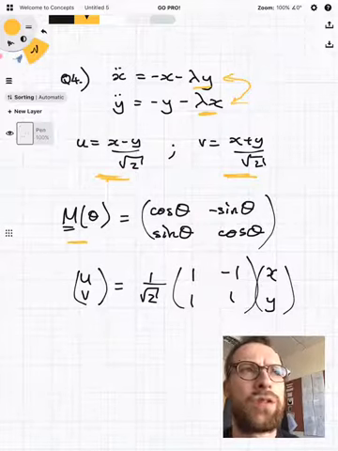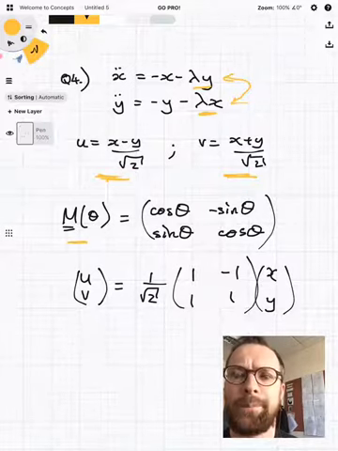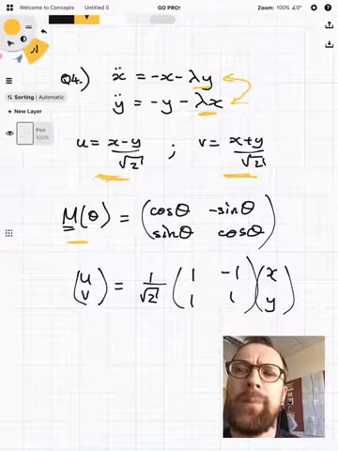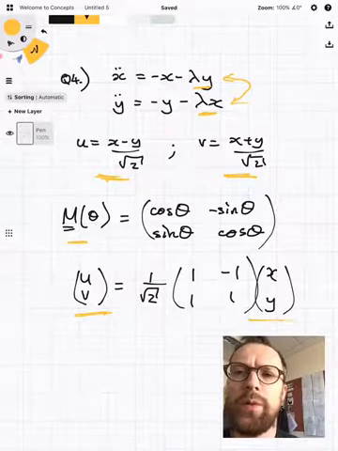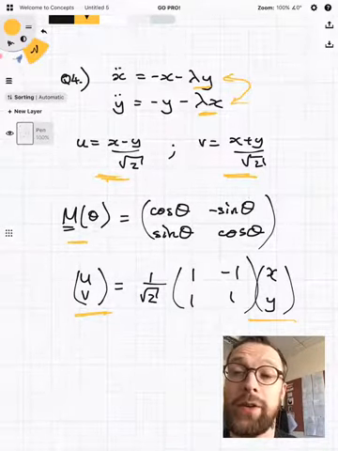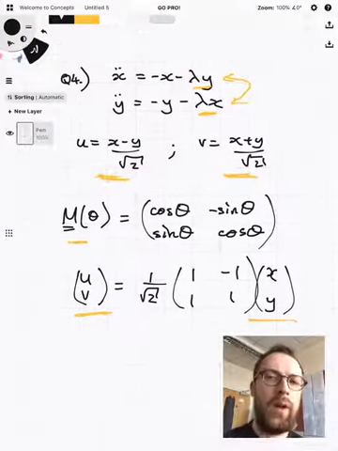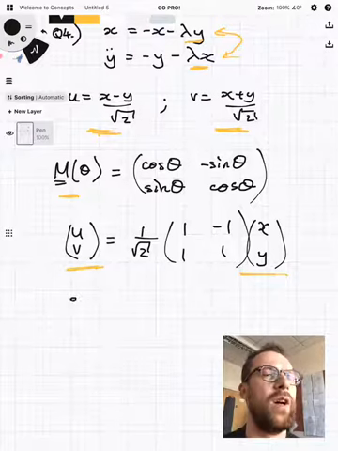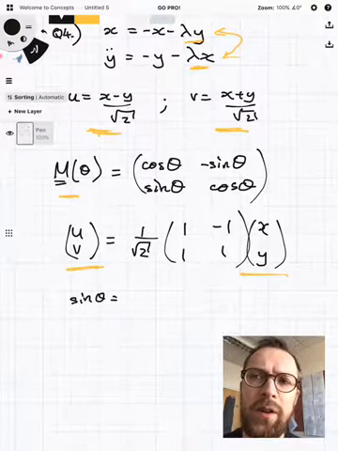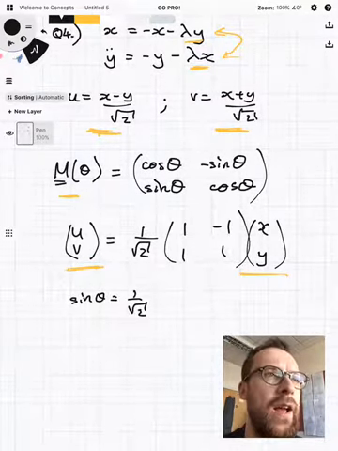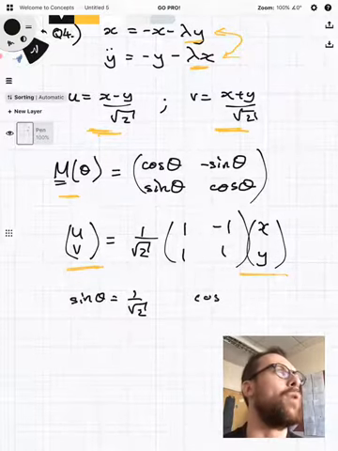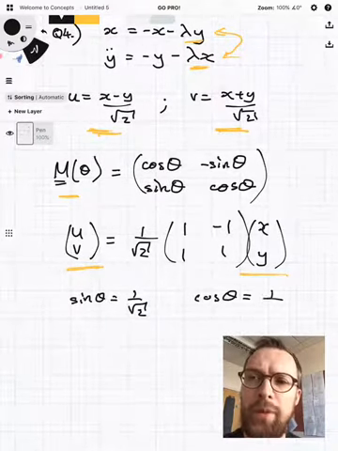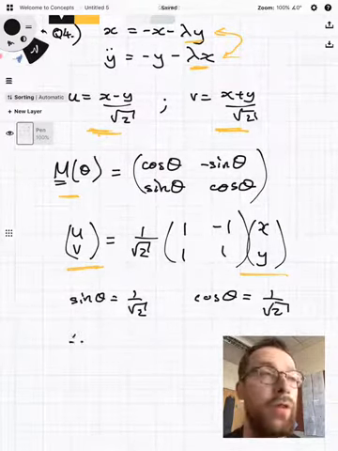First of all, we'll describe what the coordinate transformation is in words. I can write the new coordinates u and v in terms of the old coordinates using this matrix. And if you remember from first year what the rotation matrix looks like in 2 dimensions, it's cos theta, minus sin theta, sin theta, cos theta. So we make a comparison between that rotation matrix and what you're doing to the x and y coordinates.